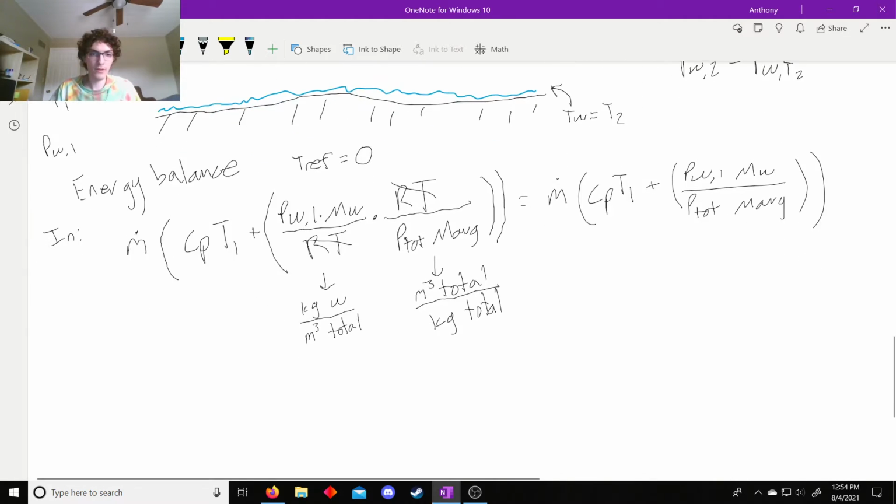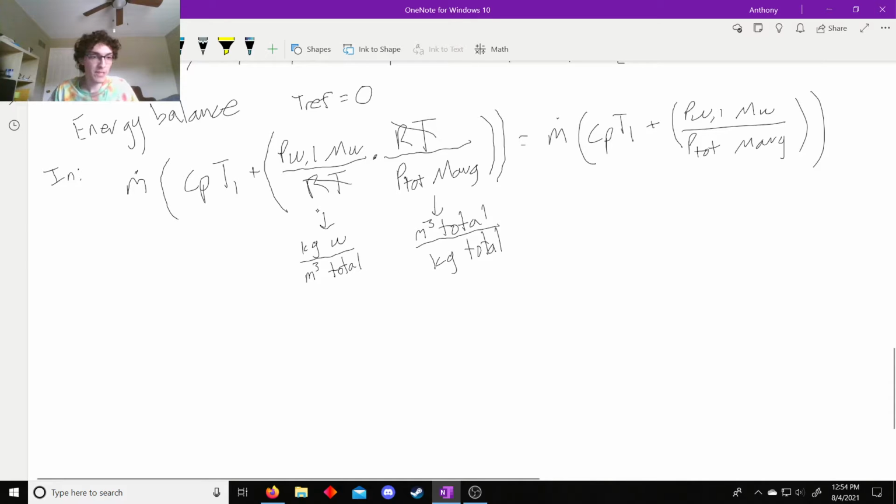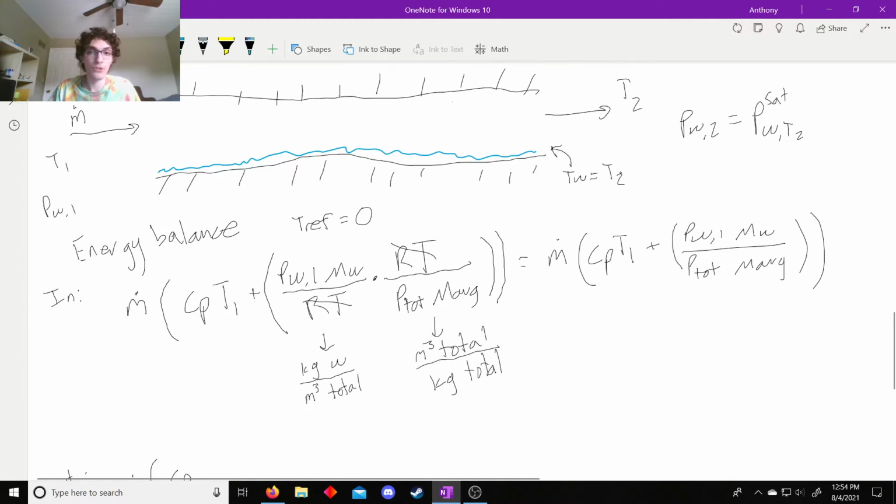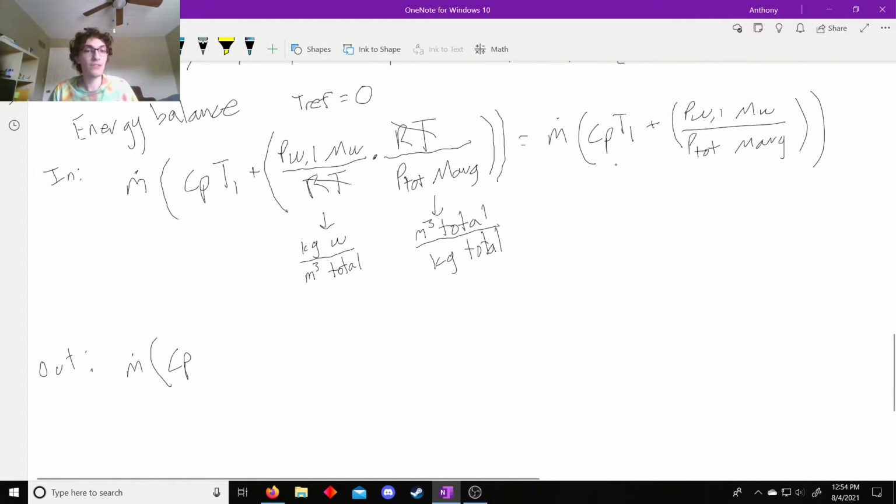Okay. So now we're going to do enthalpy out. And this is actually really nice because it is going to be the same thing. There are two differences. Instead of using T1, we're going to be using T2, which is the exit temperature. We would do T2 minus the reference temperature, but remember our reference temperature is 0, so I'm just going to write this as T2.